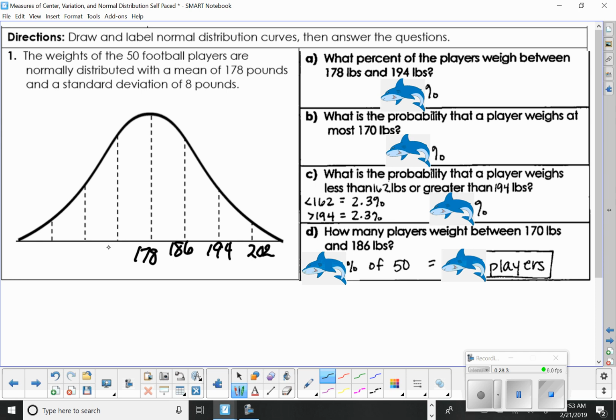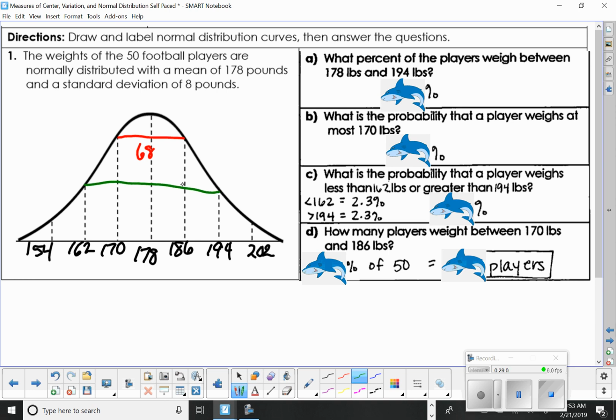Going the other way, I'm going to have 170. I subtract 8 again, and I've got 162. And I subtract 8 again from that, and I'm down to 154. Now, what I know is that from here to here is 68% of the data.